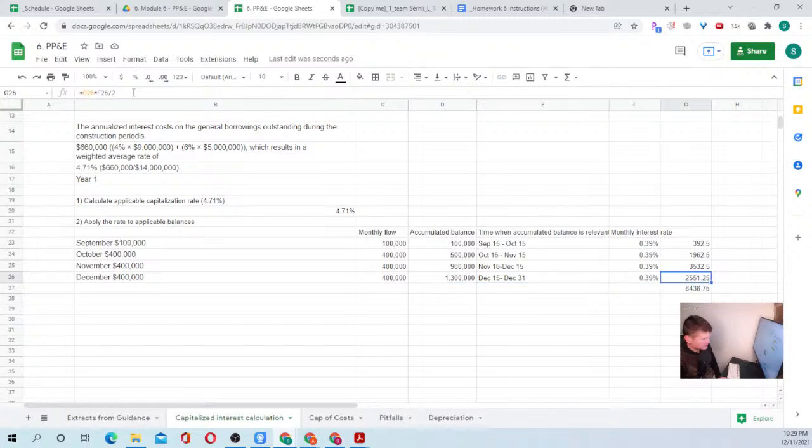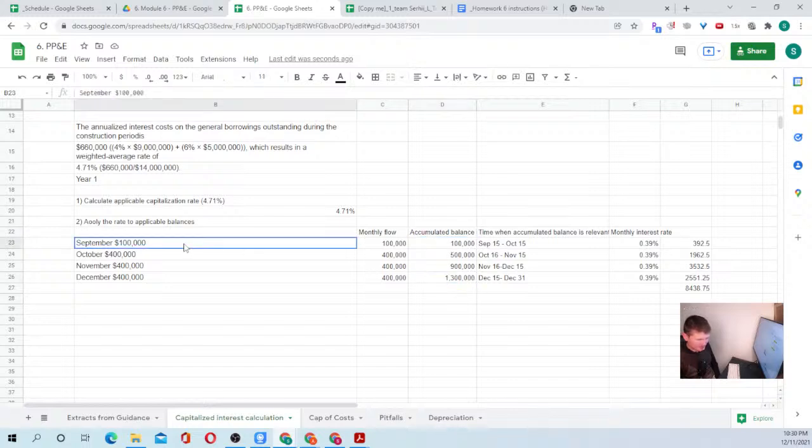Okay, so that should be clear. The total result is the same, but for me it's more clear to use the accumulated balance of construction in progress.